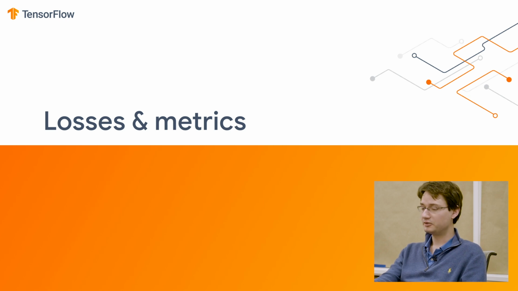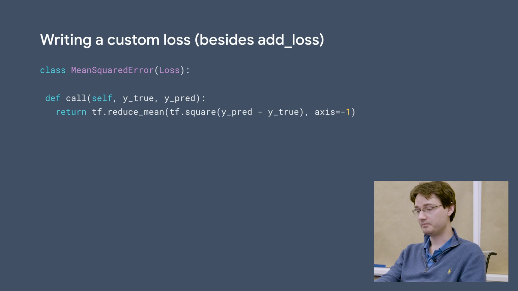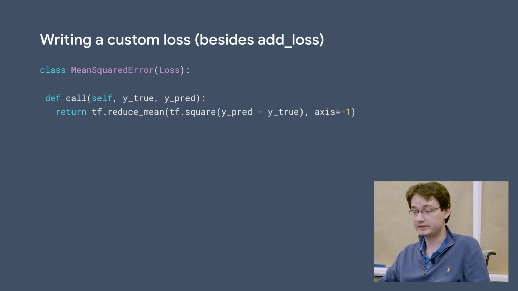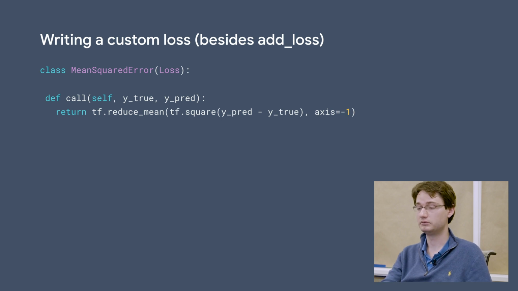Okay, so our last topic is losses and metrics. The losses are very simple. They're just subclasses of this loss base class. They just have to implement one method, which is call, just like layers. The signature is a bit different. The signature is always y_true, y_pred.